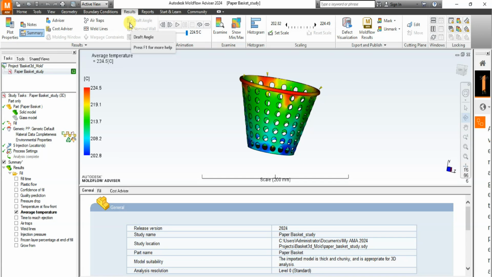Any section of the mold with an average temperature that is below material transition temperature and frozen percentage of greater than 25% may not be packed properly, which can lead to shrinkage and warpage problems. So these are very basic things that you need to take note of.